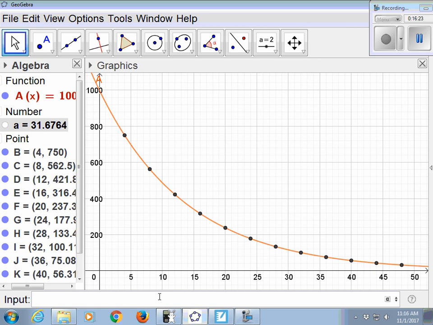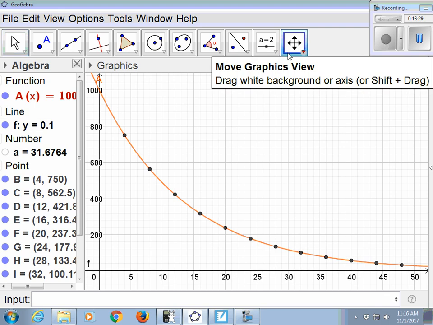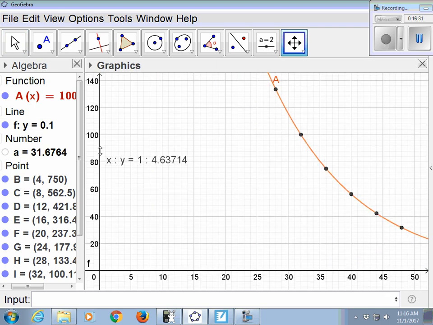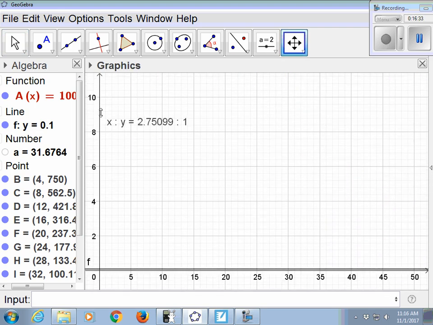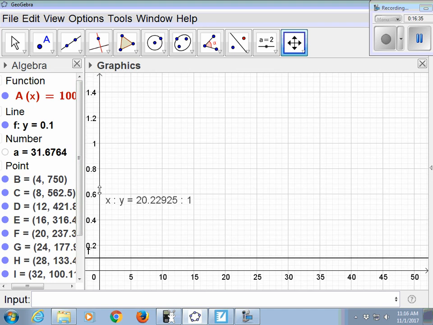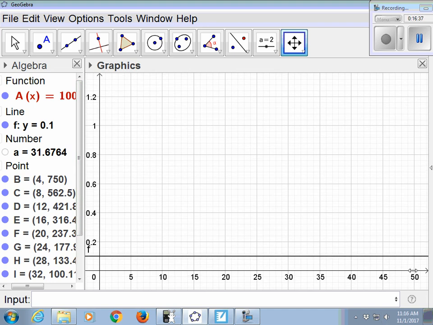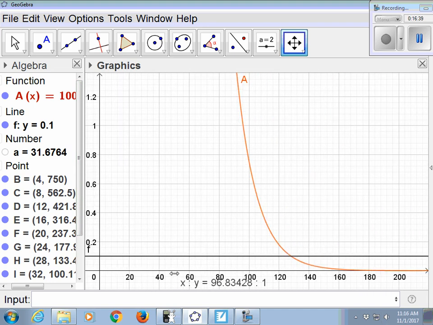I'm going to graph y equals 0.1, very, very small. I'm going to change my scale a little bit so I can maybe see that. There we go. It's going to take a long time to get there, so I have to move my x. It looks like between 120 and 140 hours.